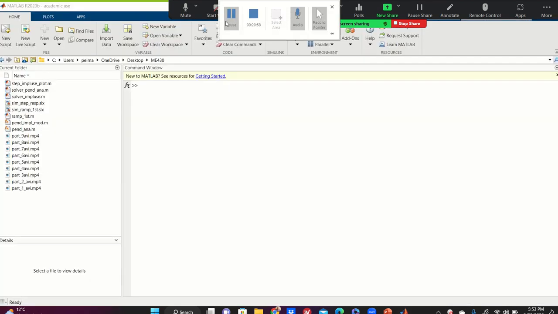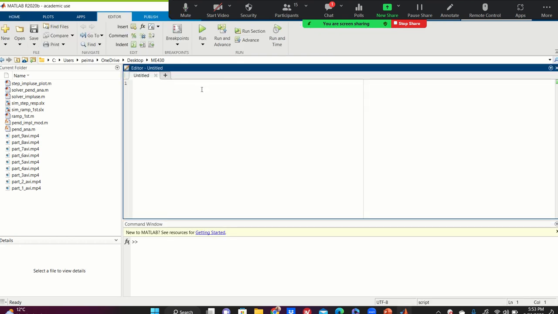So what I'm going to do, I'm going to say your num is 0, 0, and 1, and then den is 2, 1, and 0. Then I'm going to say figure 1, step, because we changed to step, with num and den, for a time of 20 seconds, from 0 to 20 seconds.